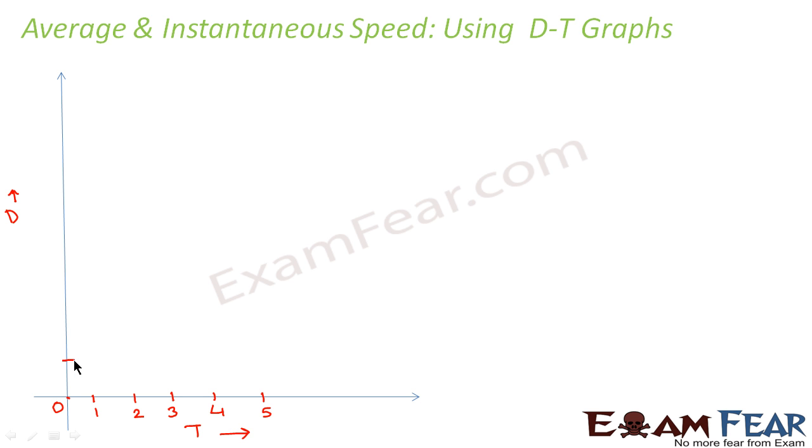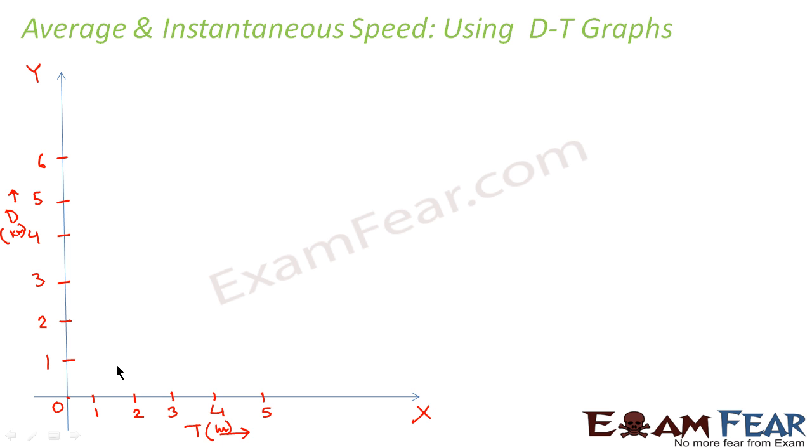This is our y-axis: 1, 2, 3, 4, 5, 6. Now let us suppose that we take time in hours and distance in kilometers. So whatever values are there on the y-axis are all in kilometers, and whatever values are on the x-axis are all in hours.